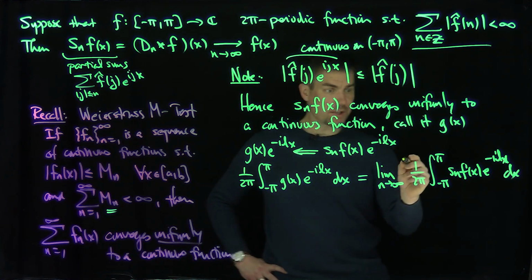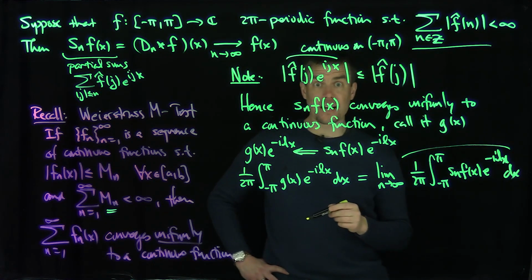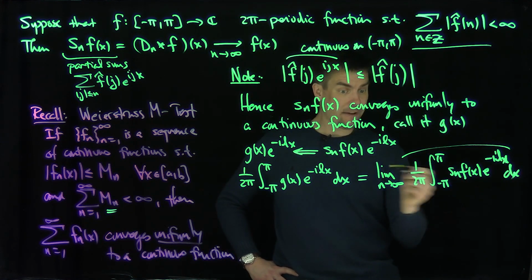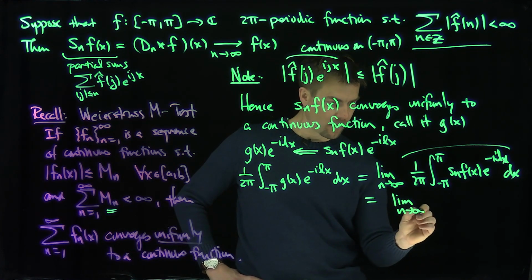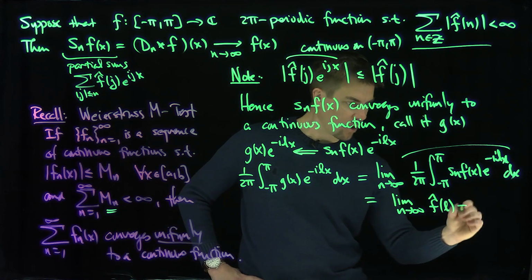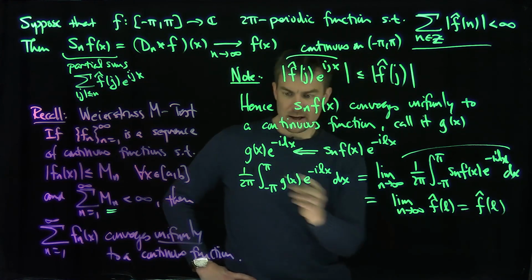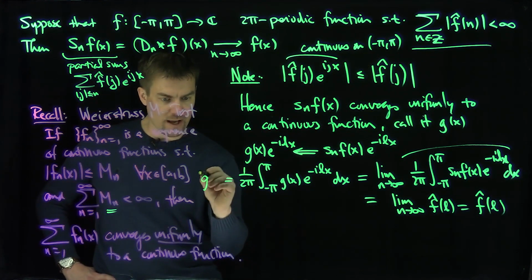Okay. Now, of course, what's this going to extract? This thing, by orthogonality, is going to extract f hat of L. So this is just the limit as n goes to infinity of f hat of L, which is just f hat of L. And this thing is just g hat of L.